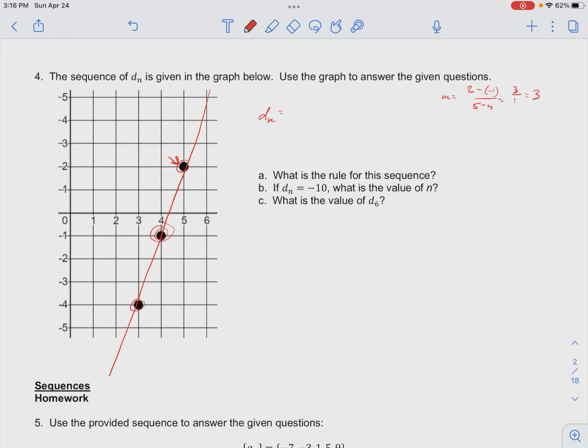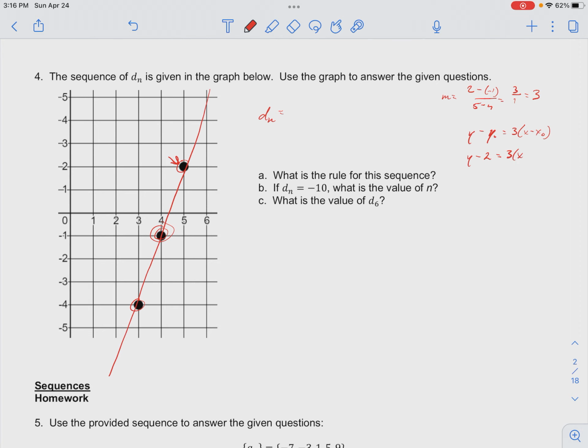So if we were going to find an equation of the line here, we would say that y minus y naught is equal to 3 times x minus x naught, where we plug in one of these points for y naught.